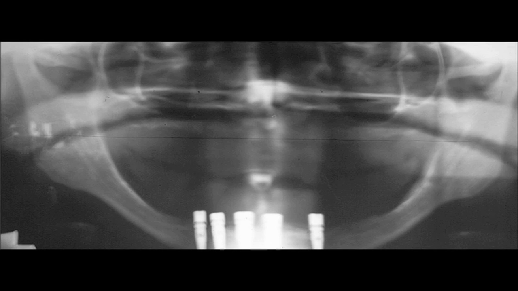So, we had several implants placed in the mandible. Now, why the mandible? Well, usually patients don't have much difficulty with the mandibular implants, because the mandibular denture that they had prior usually is very loose and moves around significantly.